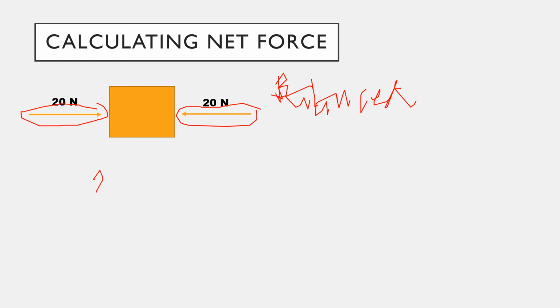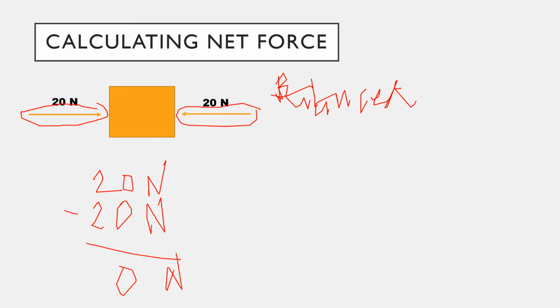So you need to subtract 20 Newton minus 20 Newton. So, very elementary, 20 minus 20, 0. And the unit is Newton.